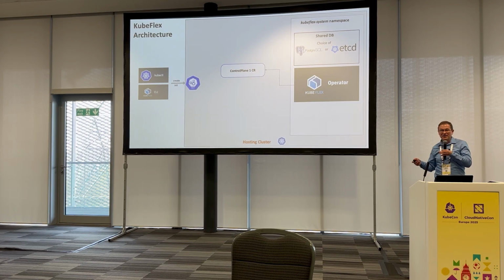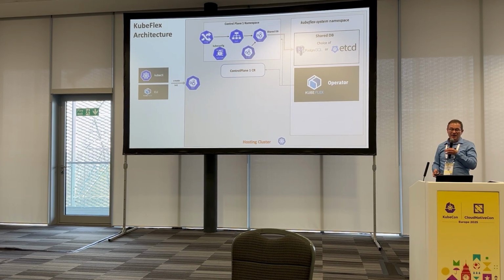The KubeFlex operator is going to watch this particular resource and create a namespace for the particular control plane, and within that namespace, we have an ingress, we have a service, we have a secret. The secret is going to be used to keep the certificates and the kubeconfig for this API server that runs within a namespace.